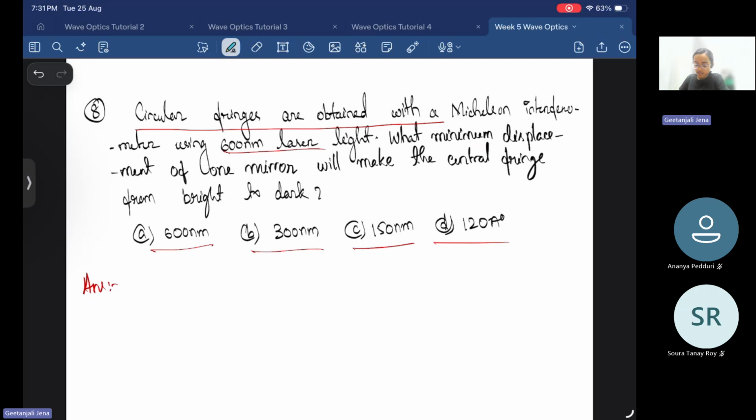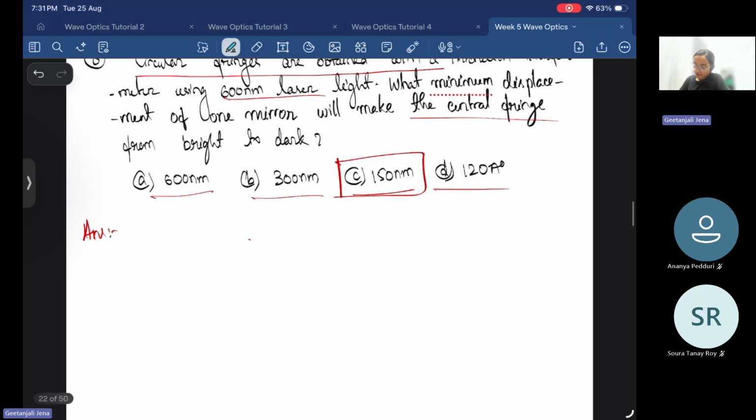Option C. Yes, it's correct. So the minimum displacement would be 150. So the way to find out the answer is that, given initially the central fringe was bright, that means you have 2d1 equals (m plus half) lambda.